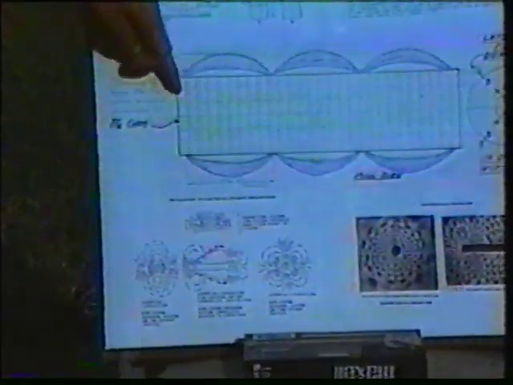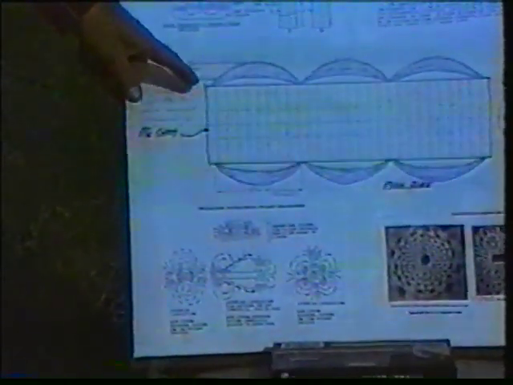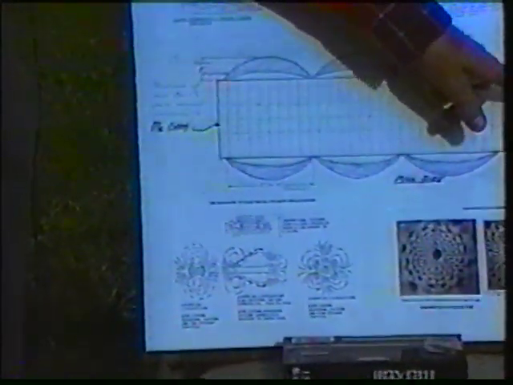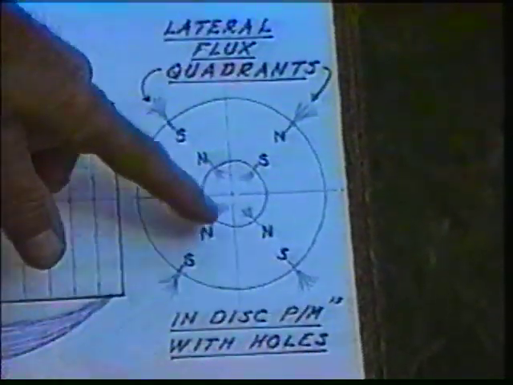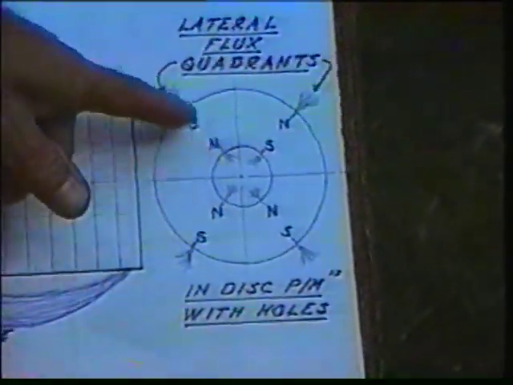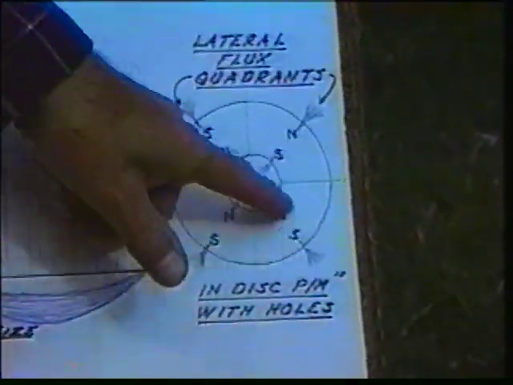These are all identical increments of disc formed into a stack. Now, what happens here is a very interesting feature. When this happens, you're setting up local north-south flux patterns on the end. So the flux loops go across here in addition to doing this.